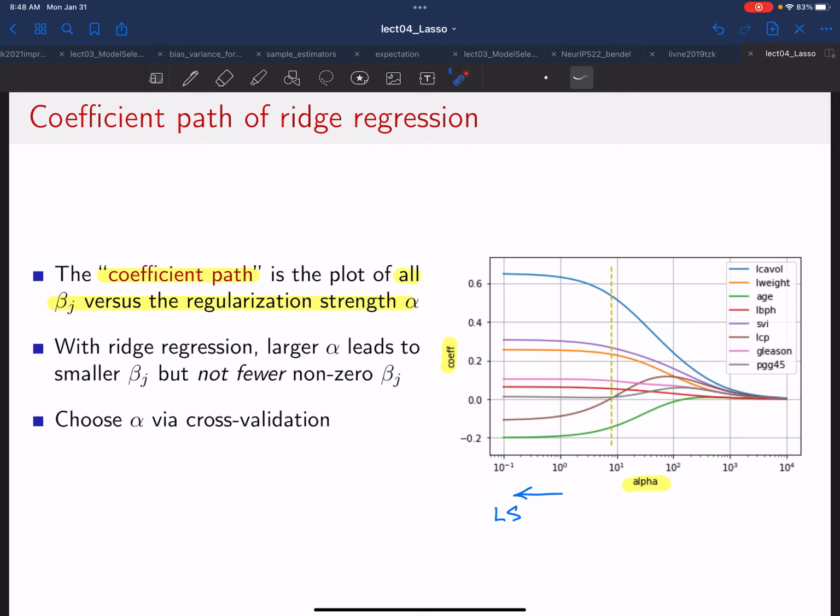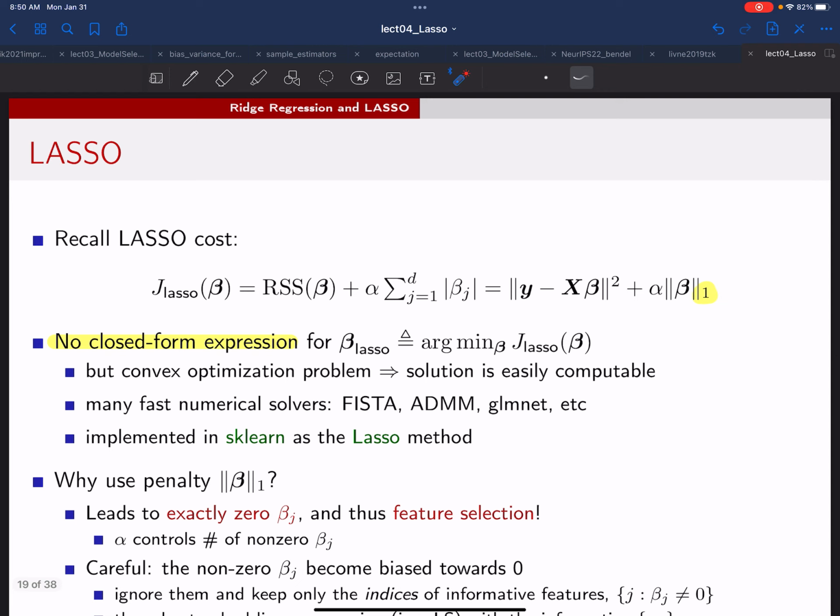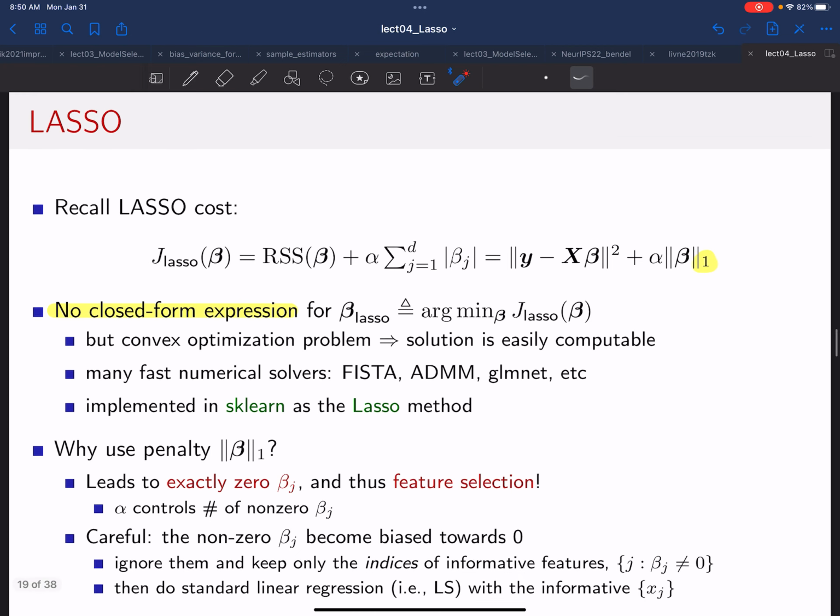Okay. And for this particular problem, there have been a lot of different solvers derived and proposed, and a few of the famous names are ISTA or ADMM, GLMNet, and so on. And not surprisingly, sklearn has a lasso method that does all the solving for you, so you don't have to worry about it. So it's very straightforward to do. Although computationally, as your data set gets larger, it is more expensive. It takes more time to compute the solution, much more time than Ridge.